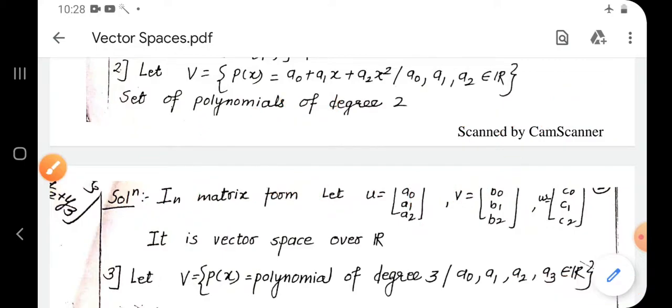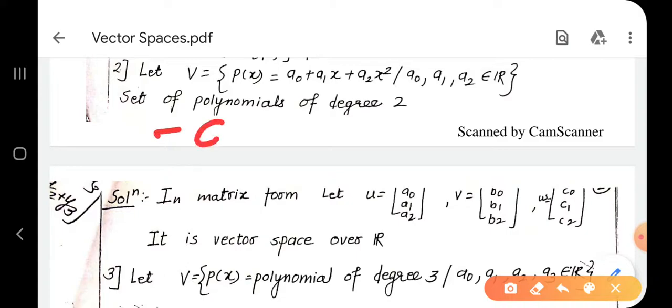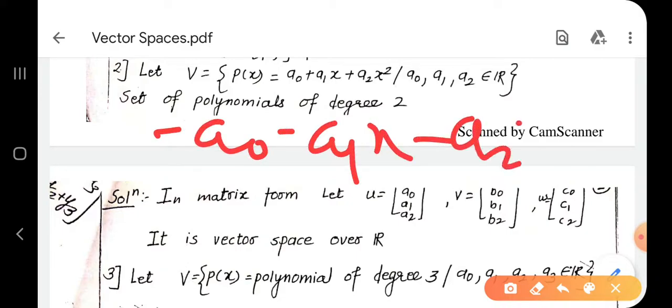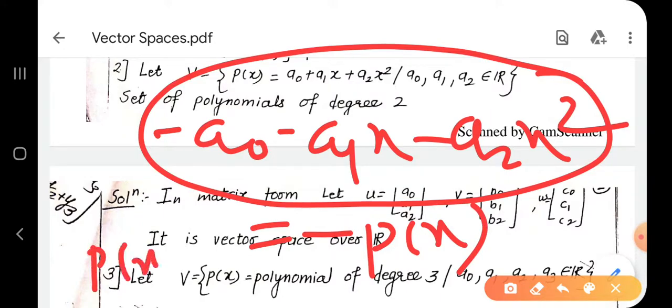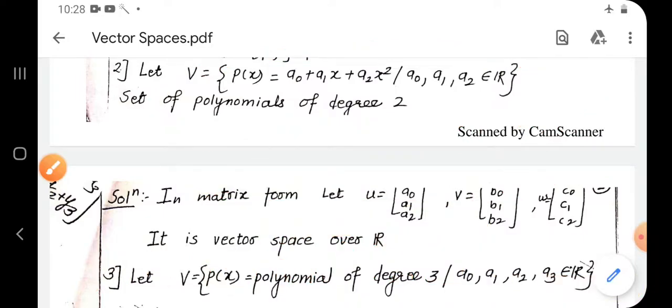Fifth condition: we can take minus a0 minus a1x minus a2x square. This is our element, and we call it minus p of x. So p of x plus minus p of x is equal to 0. So the fifth condition is also satisfied. So this example satisfies 5 conditions. Now we will see the next condition.